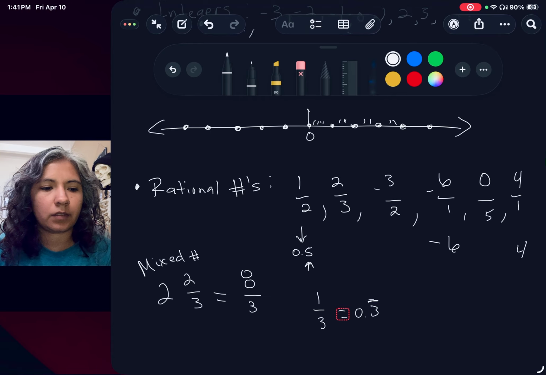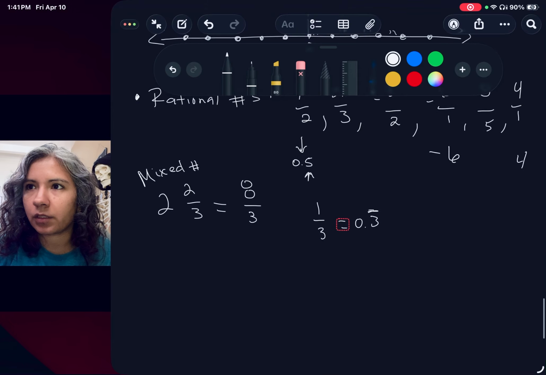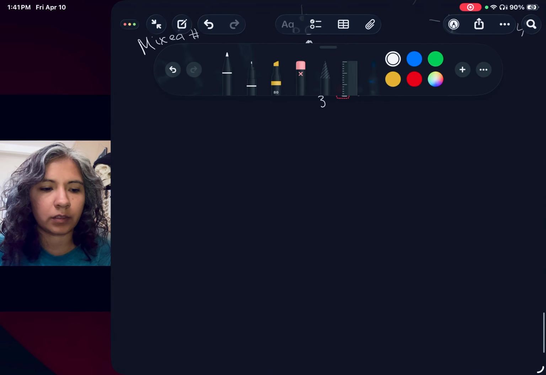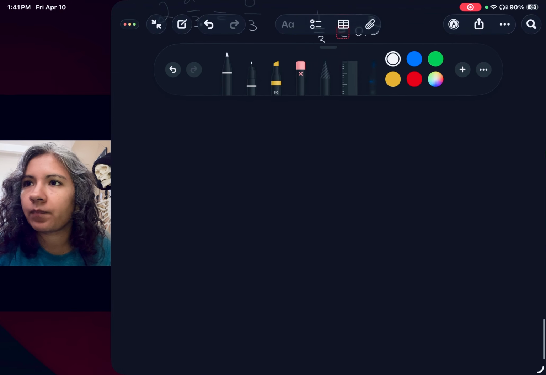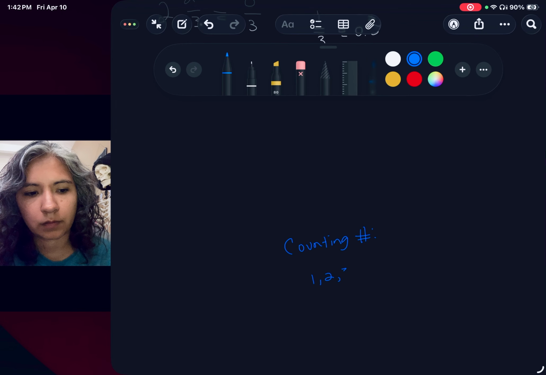So let me draw a picture that helps you see the relationships between the numbers. Okay, so we're going to do counting numbers: 1, 2, 3.